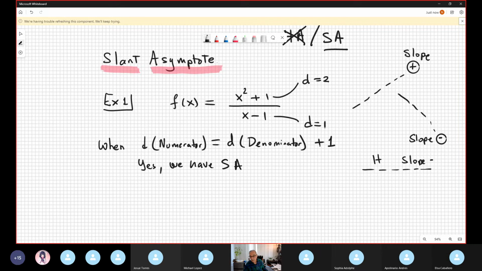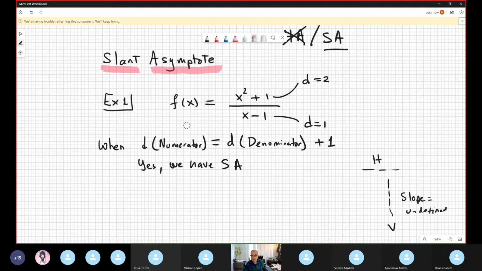And vertical is like that, the slope is undefined. I suppose you remember very well from intermediate algebra: slope positive is going up, slope negative is going down, slope 0 is flat, slope undefined is a vertical line.